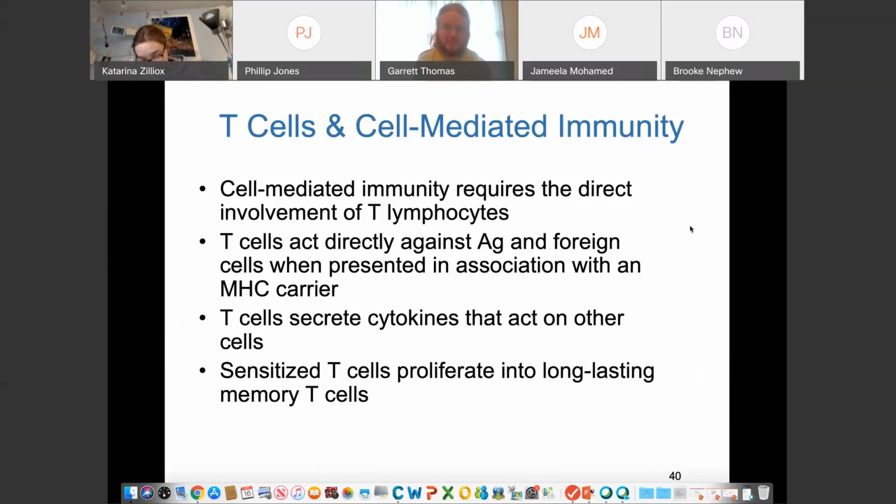Remember, the MHC carrier, MHC1, is the same as an HLA marker. These are specific to your cells only. Unless you have a twin, your MHC1 markers and HLA markers are specific to just you. All right. If there's a problem with that, then we have an antibody antigen.